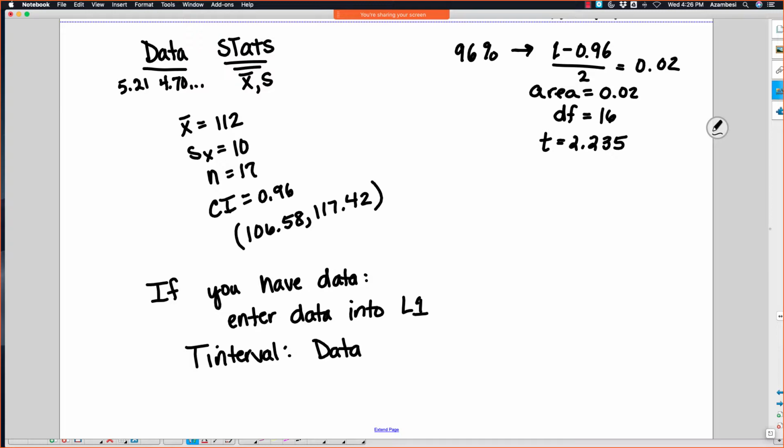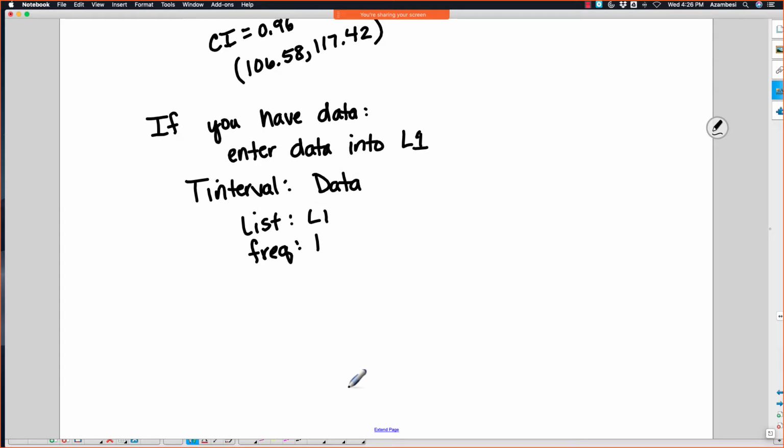When you go into your t interval and you choose data instead of your stats, it asks you what list you want. So you would put L1 here. The frequency is always going to be equal to 1. And then your confidence level again. And then it'll calculate for you from there. So that's the other way in order to get a t interval.